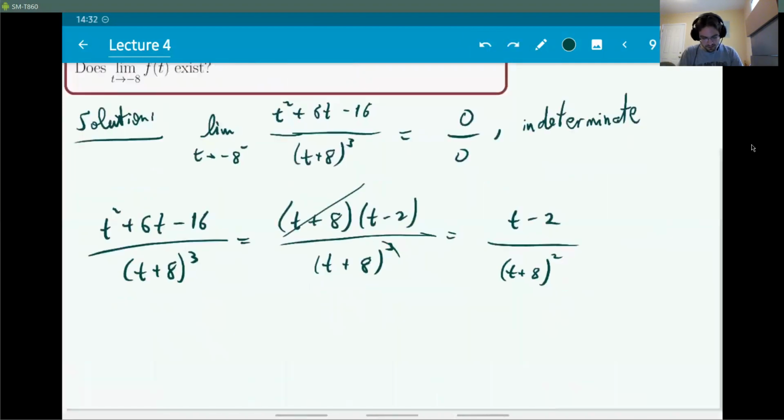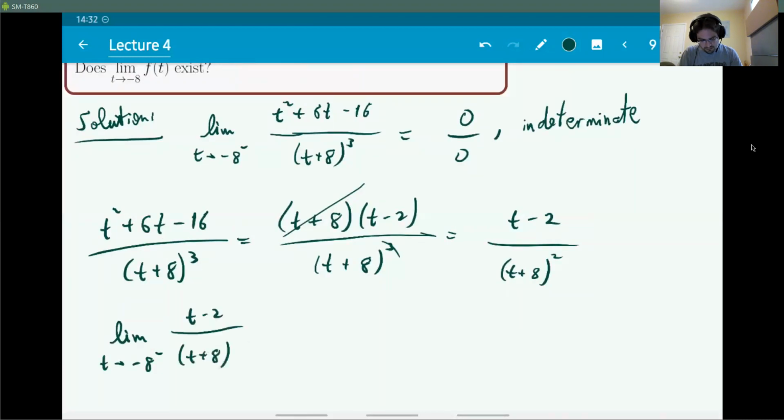So now, for example, approaching -8 from the left, what is going to happen? First of all, upstairs, as t goes to -8, this is going to -8 minus 2, which is -10.